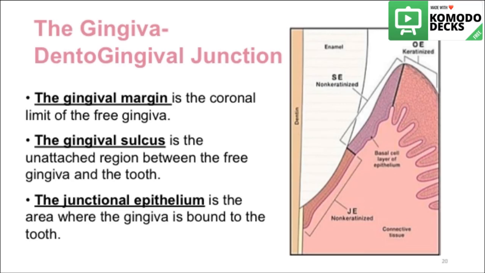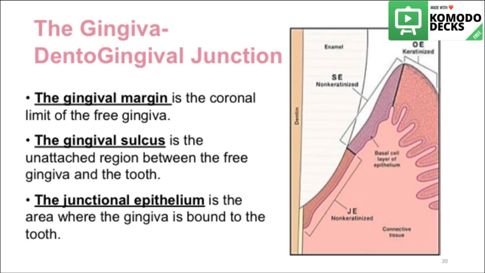The dentogingival junction is the junction between the tooth and the gingiva. There's a gingival margin, which is the coronal limit of the free gingiva. The gingival sulcus is the unattached region between the gingiva and the tooth.